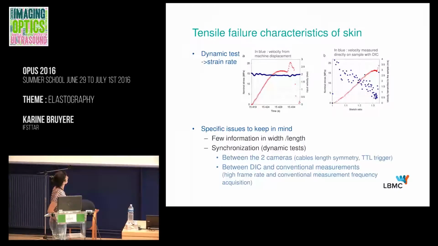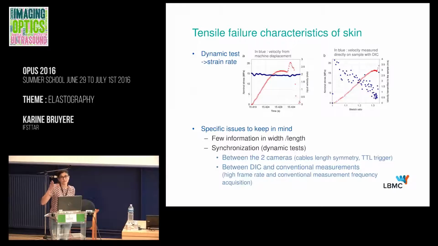We thought that the speed of loading was 2 meters per second on our samples. And in fact, if we measure the strain rate directly on the samples, we can see on the right, in blue, that it varies between 4 and less than 1 meter per second during our test, and it increases at the end to 3 meters per second.